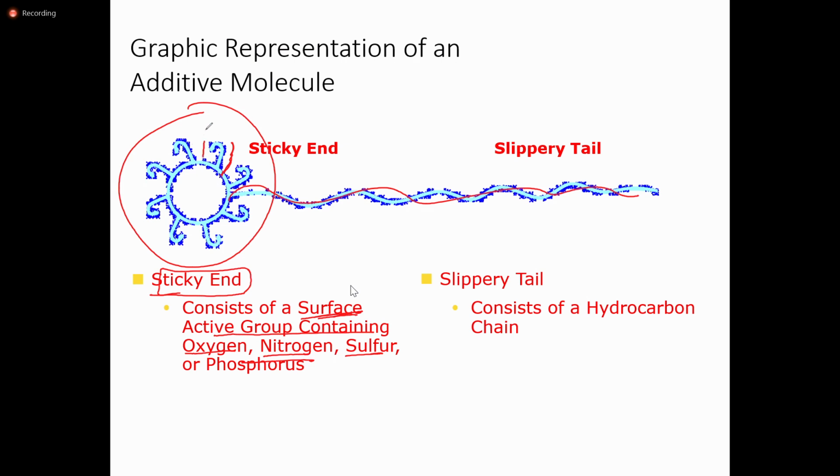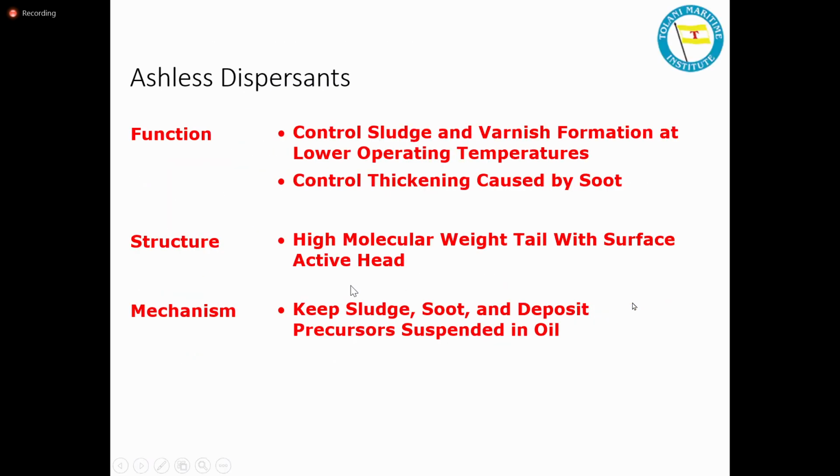Some N atom, O atom, sulfur atom, or phosphorus atoms will be attached in either single or double bond. That's why this forms a sticky end, while the slippery tail consists of a long hydrocarbon chain. Generally, this is the depiction. You don't need to worry about the exact formula, because that is very complicated.